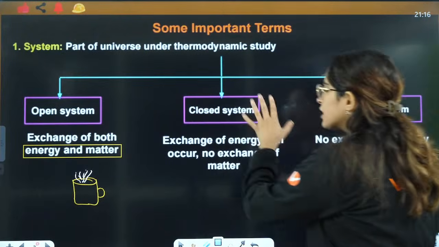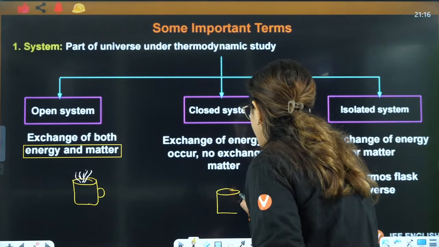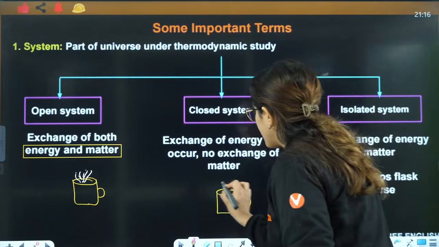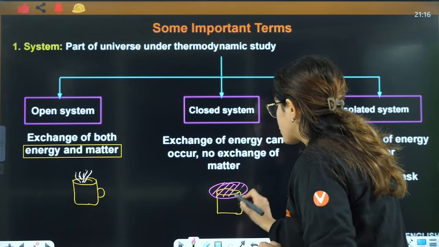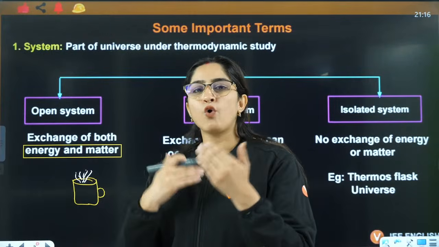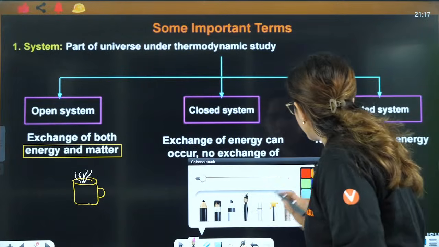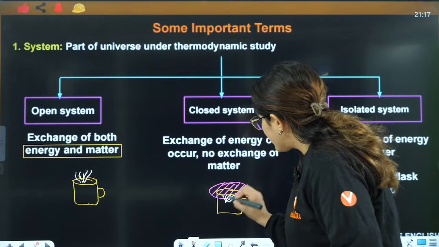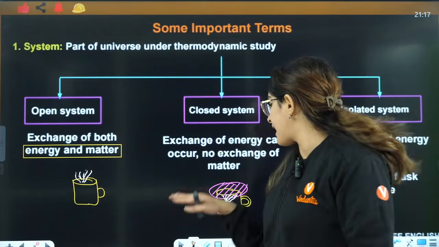Then in a closed container, now here let's assume you have a cup of coffee which is covered, okay? It is totally covered. So if I say this particular coffee is totally covered, that means there will be no exchange of mass here, because whatever are the vapors that are getting formed here, they are not coming out of the lid that is there on the top, right?